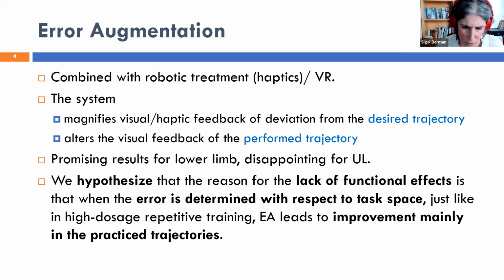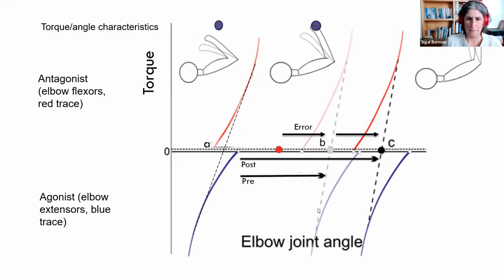So it's like high dosage repetitive training. I'll try to go through this slide. This is a bit complicated, but this is the main explanation for why we think that adding error at the joint level can assist in extending the control zone of the participant.